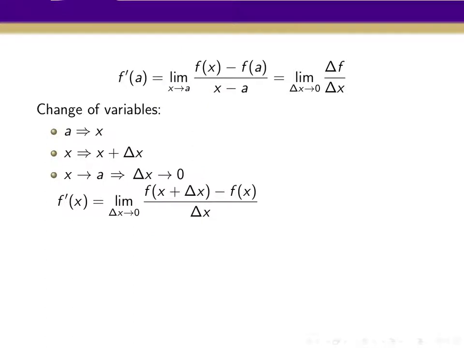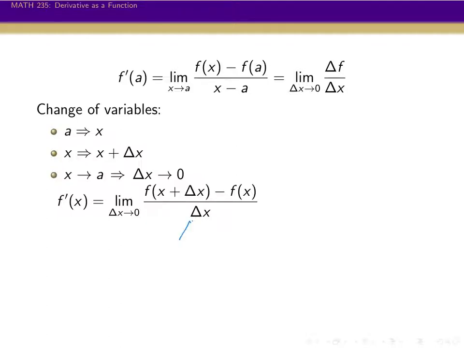So with this change of variables, this new formulation is that f prime of x is equal to the limit as delta x goes to 0 of f of x plus delta x, so that's x shifted a little bit over and then plugged into the function, minus f of x, and then on the bottom, just delta x.